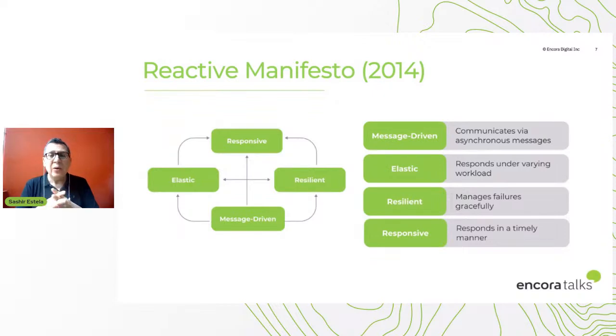We need to take failures into account from the beginning of our designs. Finally, all of them point to responsiveness, so that the systems can respond in a timely manner to requests. These are the core attributes for reactive systems defined in the Reactive Manifesto.